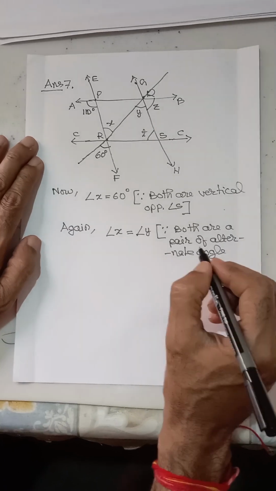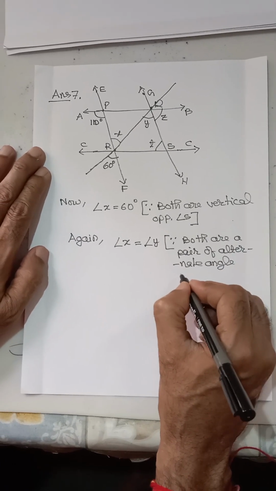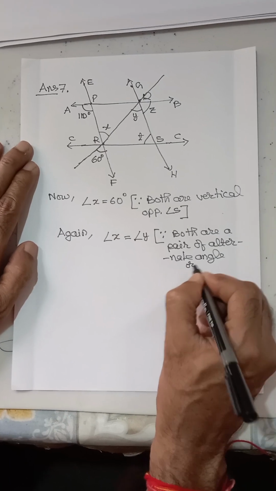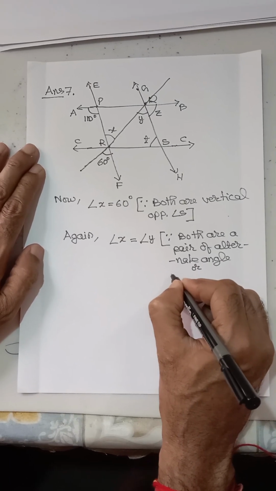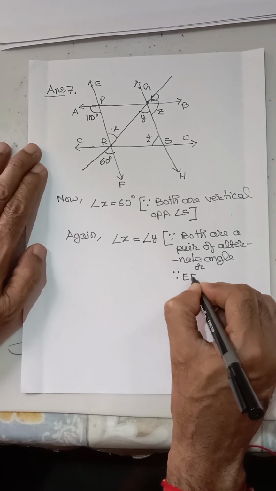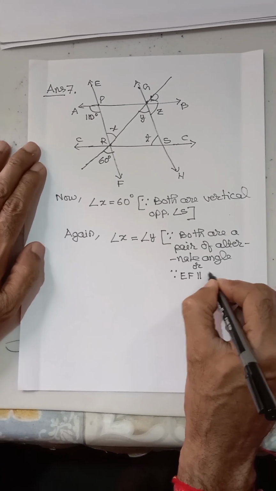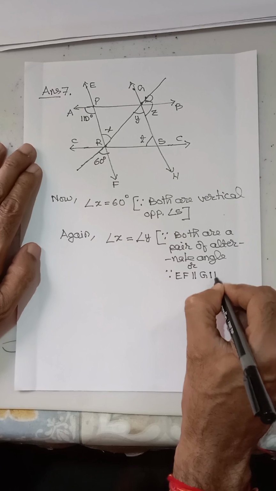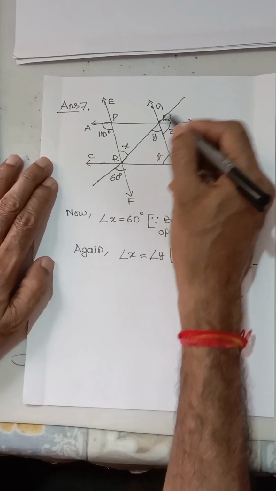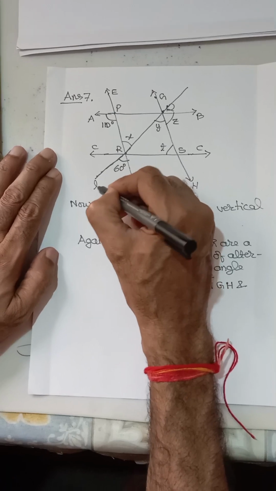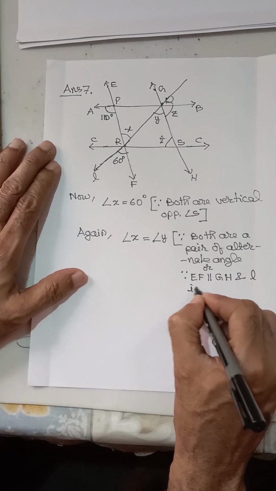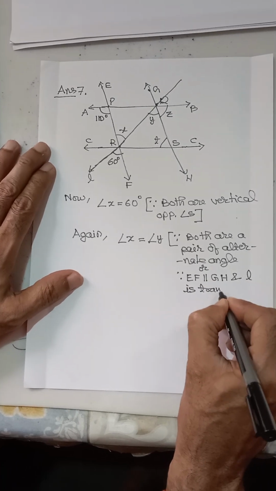Or you may say since EF is parallel to GH, and this line is a transversal, let us suppose this line is L, and L is a transversal.